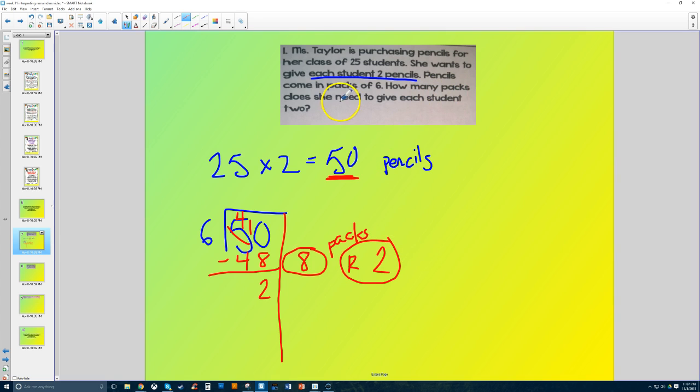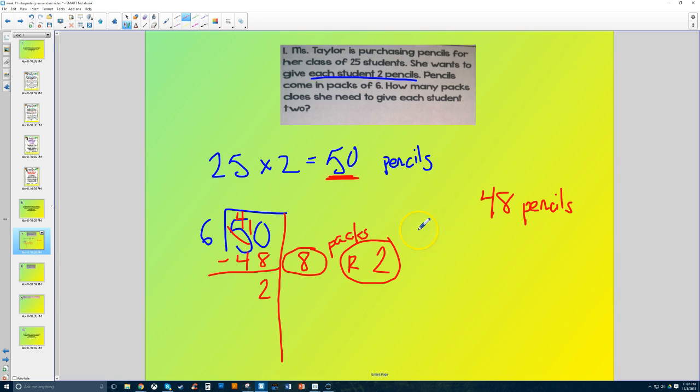And it says how many packs does she need to give each student 2? Well, right now she's only purchased 48 pencils according to having 8 packs. Well, if she needs 50 pencils, she's going to have to buy a whole other pack of pencils, because she still needs 2 more pencils to supply her students with pencils.